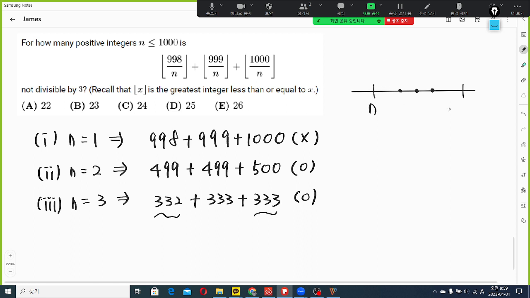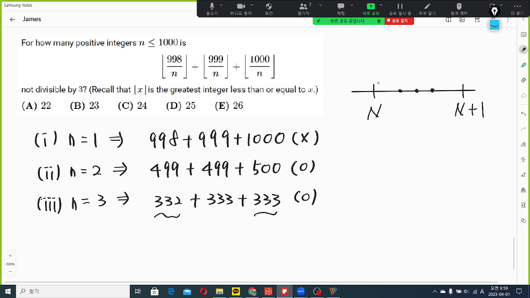Let's say this way. So if 3 points are located between two integers, is the sum divisible by 3 or not?